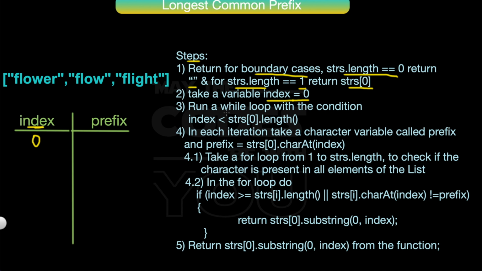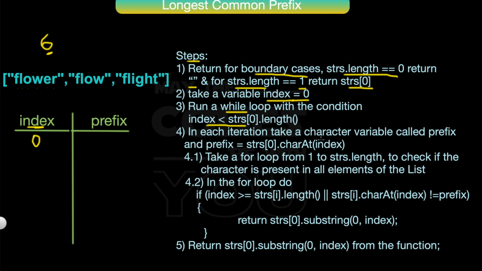Then we'll run a while loop till string 0 dot length. So here string 0 is flower, so the length will be 6. So we'll run a while loop from 0 to 6.